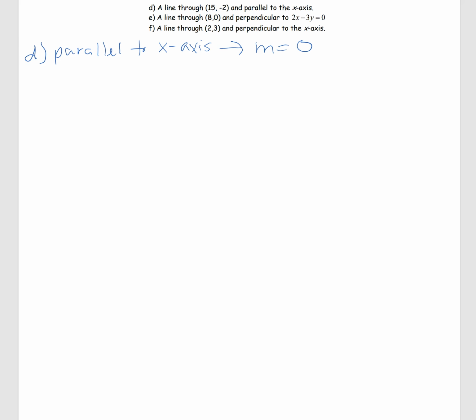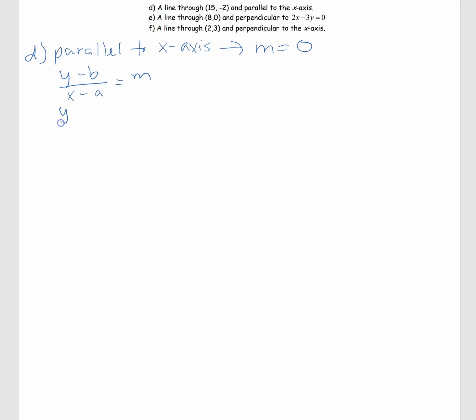And so we can plug this into our point slope equation, y minus b over x minus a equals m.